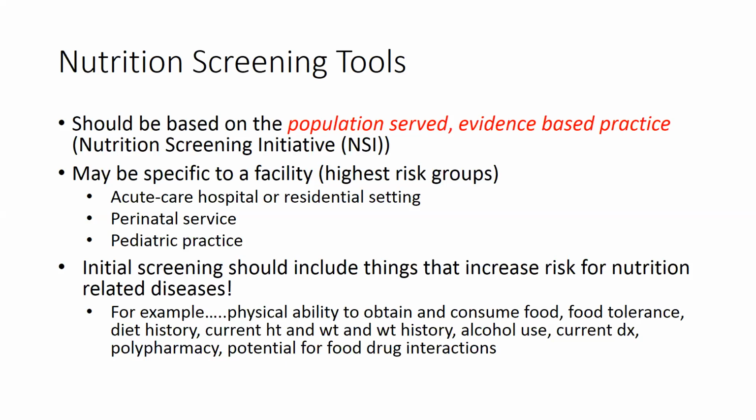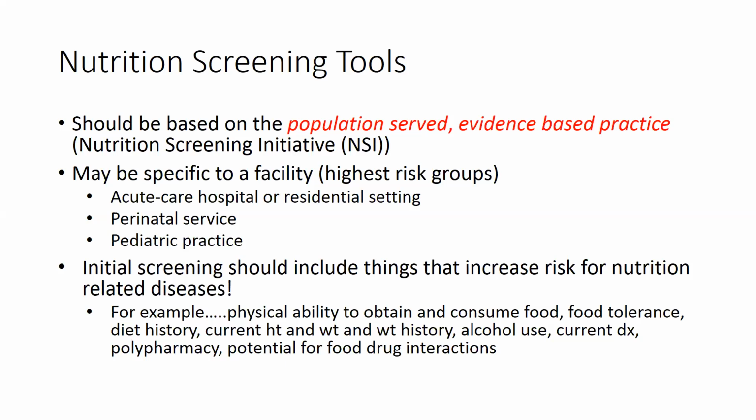Sometimes our screening tools are very specific to a facility, especially facilities that tend to service our highest risk groups. So thinking about hospitals, residential settings, especially for elderly, perinatal services, so places women go before, during, and after they're pregnant, and anyone who works with pediatrics or kids.